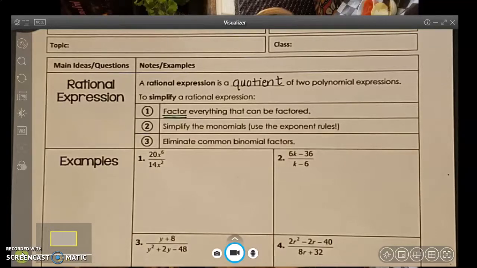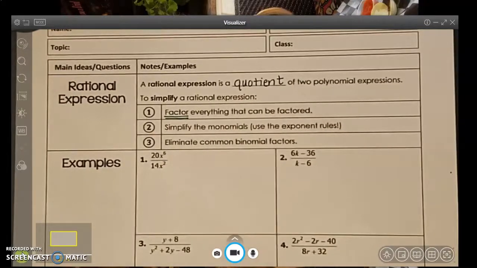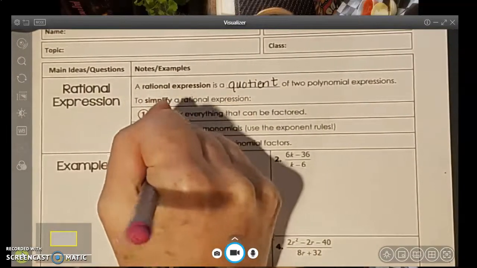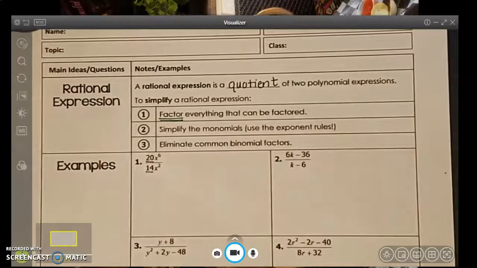Number 1 says 20x to the 6th all over 14x squared. So we're going to reduce our monomials here. 20 and 14 are both divisible by 2, so I'm going to reduce 20 over 14 to be 10 over 7.